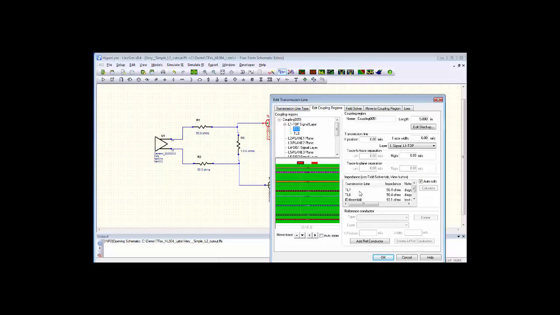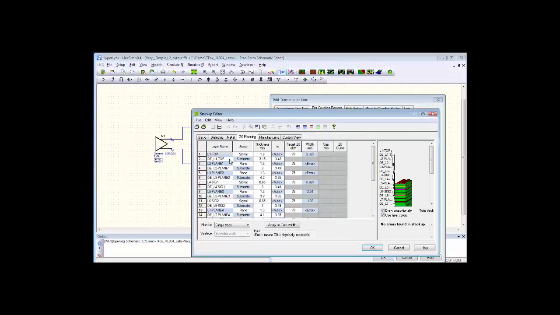Separation is 8 mils. If I look at the transmission line itself, it says TL7 is 50 to ground, TL8 is 50 to ground, but the differential here is 93 ohms. If I look at the stack-up, you see the distance from the top to the plane is 3.15.